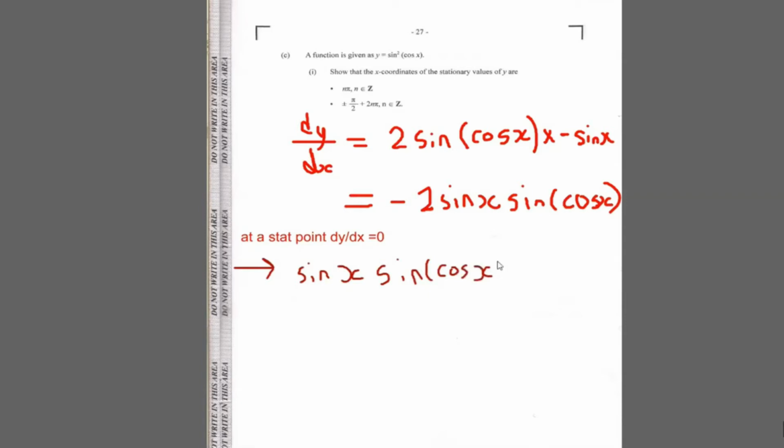If you're solving this, then that means sine x equals 0, or that means that the sine of cos x equals 0.